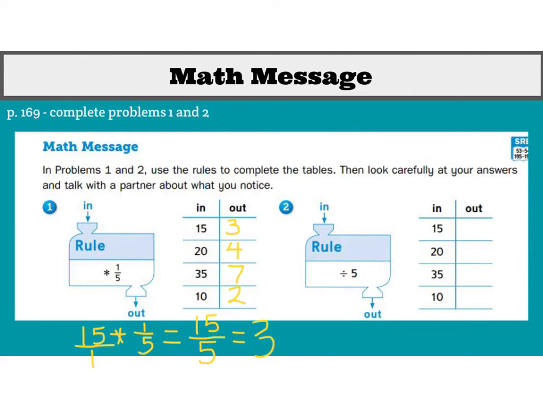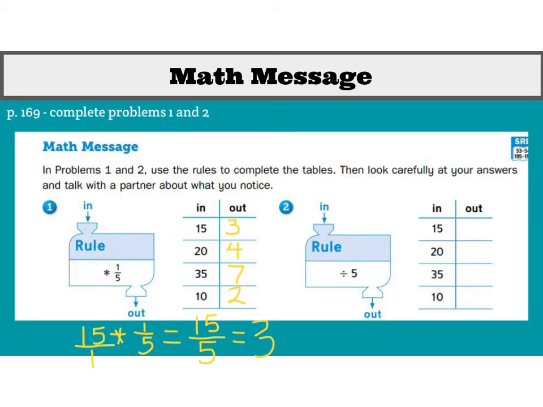So does that work with each of our problems? 20 divided by 5 for that second one is what we would end up getting, 20/5 equals 4. 35 divided by 5 equals 7. 10 divided by 5 equals 2. So it does work to use that particular method.